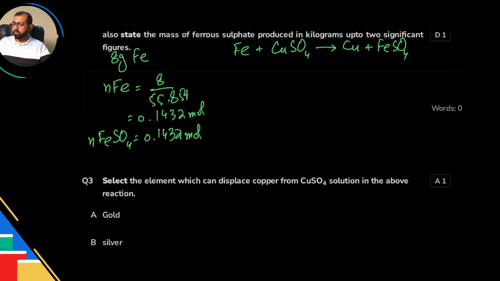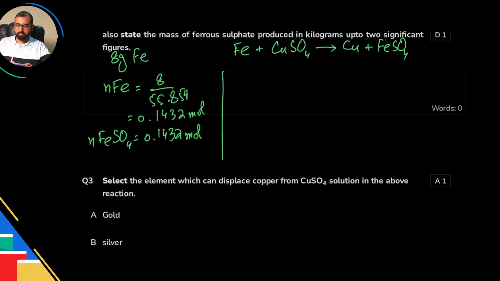Now I need to find out the mass of ferrous sulfate. For that I need to find out what the molecular mass or formula mass of iron sulfate, or ferrous sulfate, is. So I'll just calculate that. Iron is 55.854, sulfur is 32.06, and I have 4 oxygen, so 4 times oxygen is 15.999.